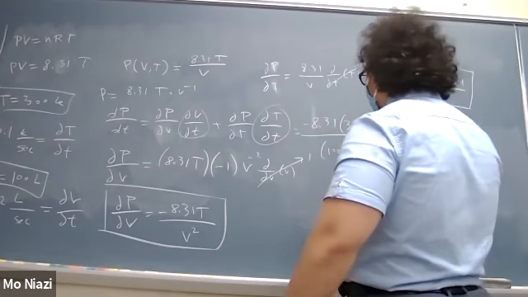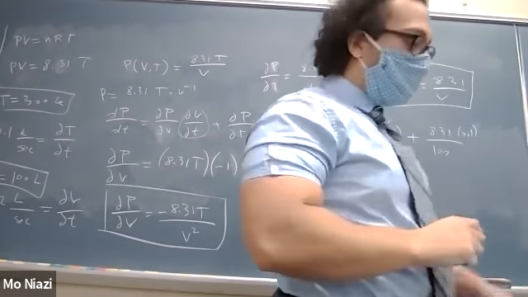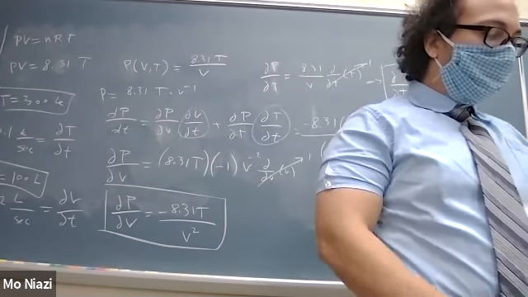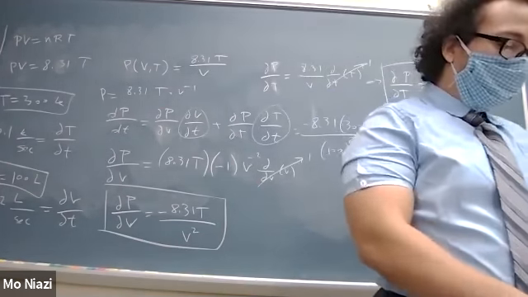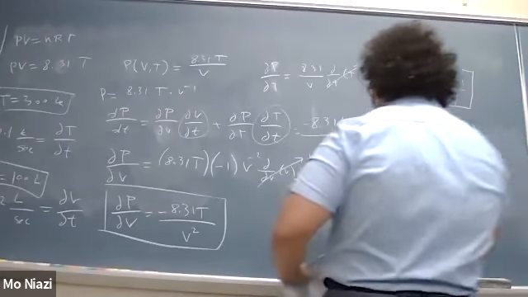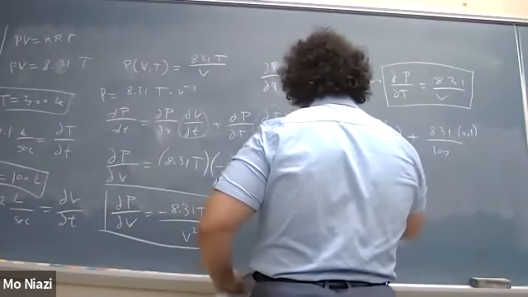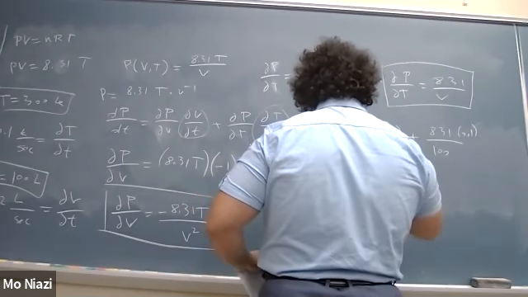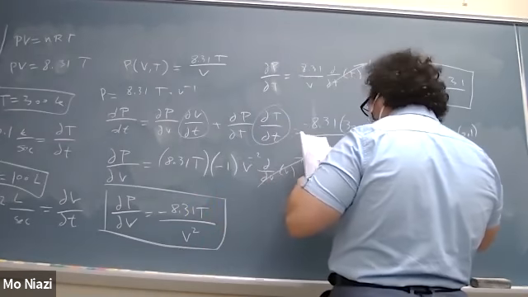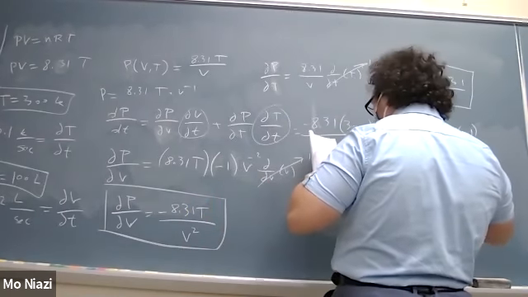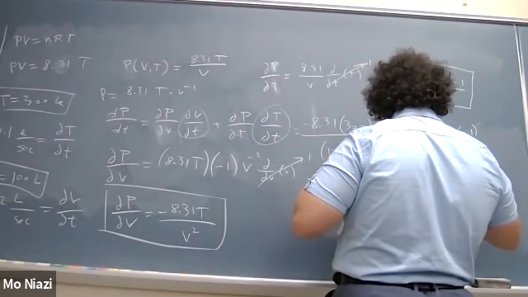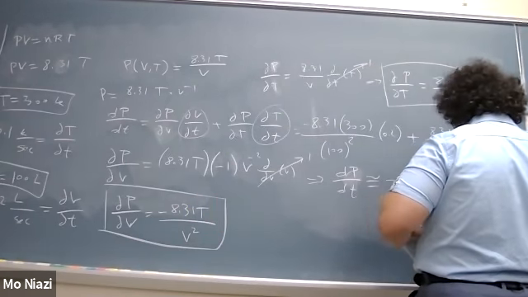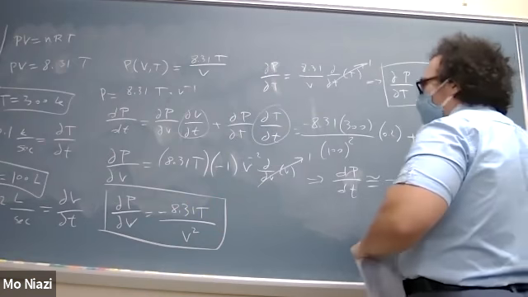So this checks out to be approximately negative 0.0415, which implies that the total derivative, the change in pressure with respect to time, is approximately negative 0.0415 kilopascals per second.